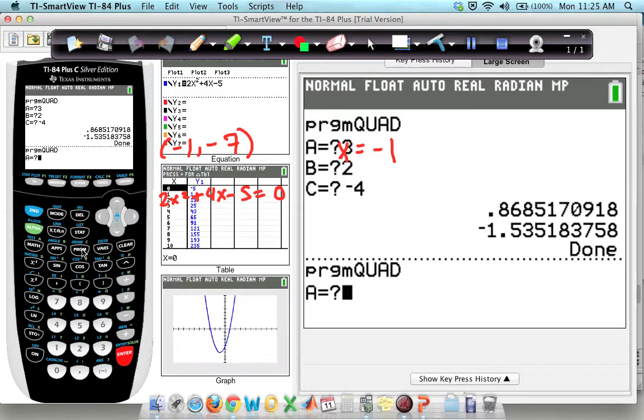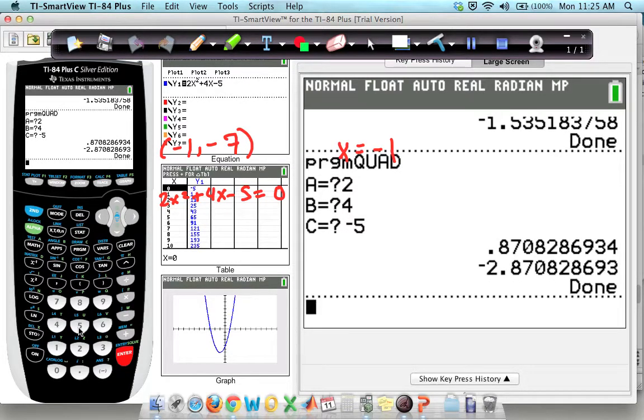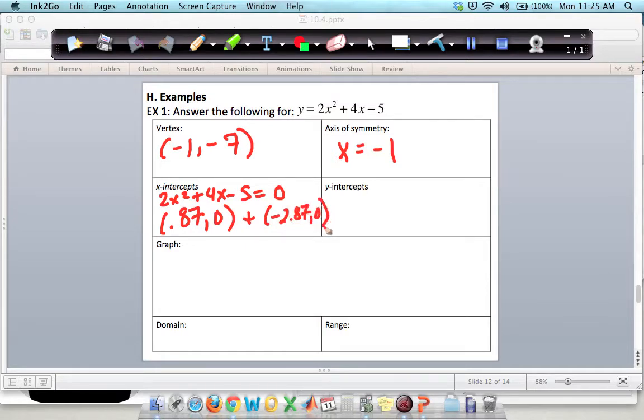I'm going to plug in 2 for A, 4 for B, and negative 5 for C. And you get 0.87 and negative 2.87. Okay, so I'm going to write these as 2 points. So I have 0.870 is the first, and negative 2.870 is the second intercept.